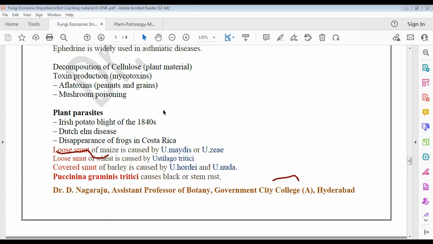And do you know what the Sri Lanka famine was caused by? Hemileia vastatrix, which caused coffee rust. Total coffee plants were affected by the rust.